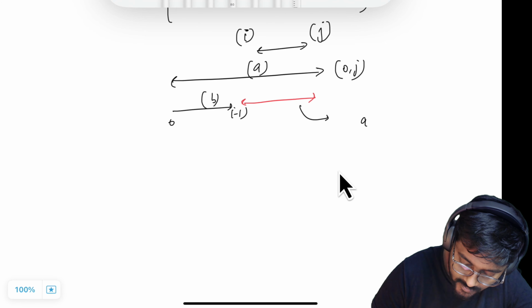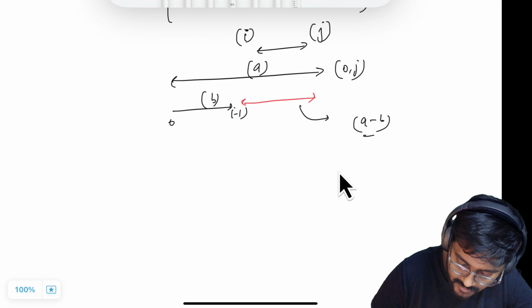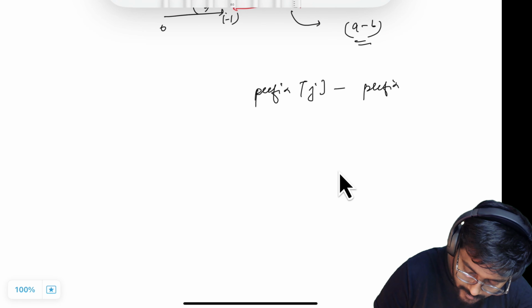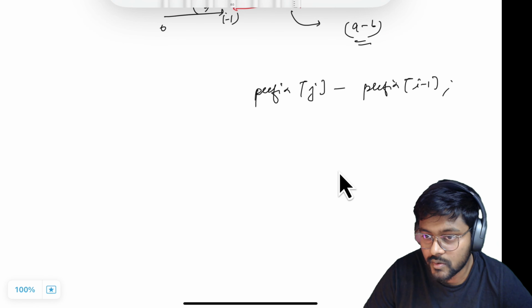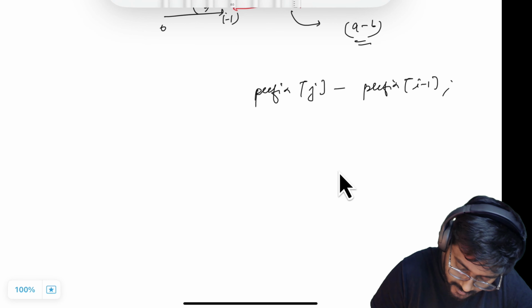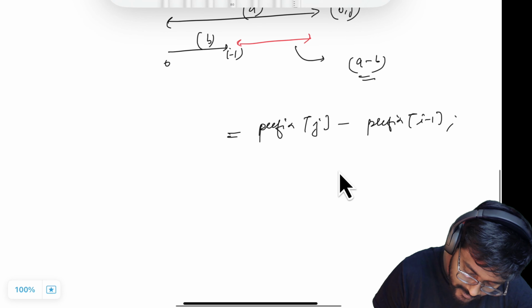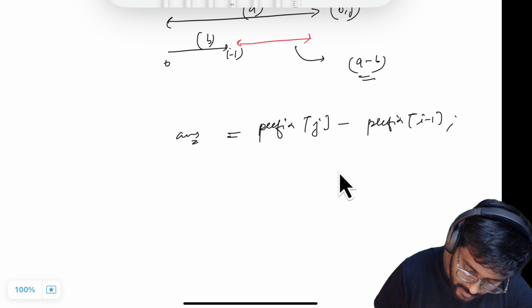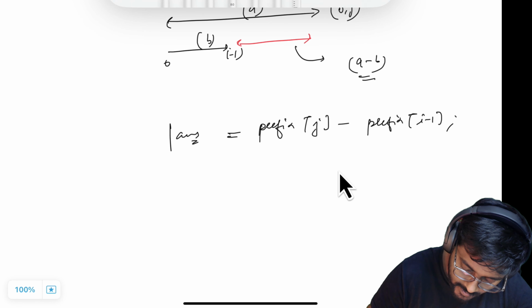This value will definitely be a minus b. It means prefix of j minus prefix of i minus 1, because i is also included in the query. So this is my answer for any query, and I can get it in order of 1 time if this prefix array is already prepared.